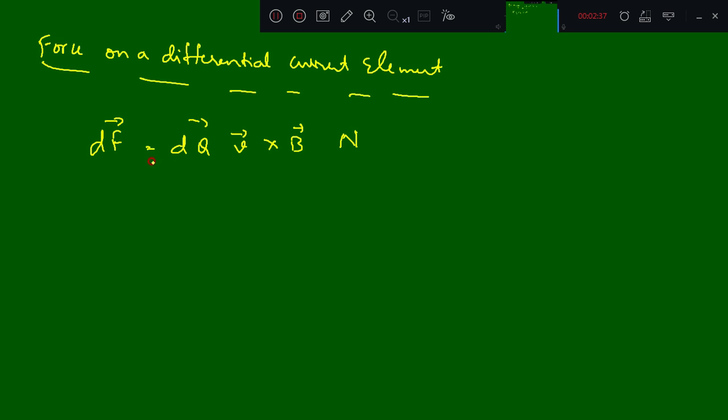So we have the basic equation dF equals dq into V cross B, where dF is the differential force and dq is the differential charge. This you can give as equation number 1. From previous derivations we know the current density equation, J equals rho v into velocity of the charge.